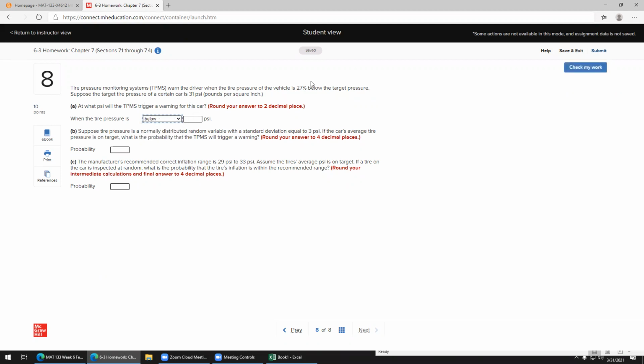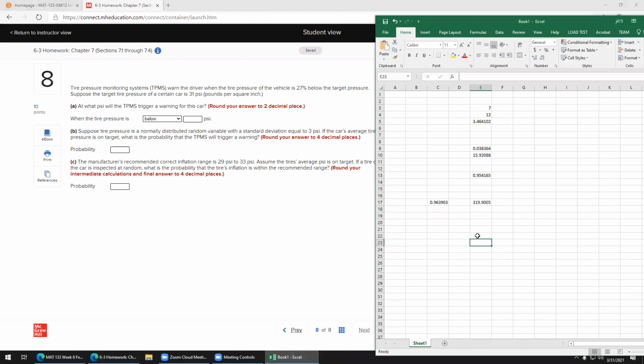And so to find this, we will multiply 27% times 31, because when it falls that low is when it happens. So 31 times 0.27 is 8.37 PSI. Make sure I'm reading this right because that seems low.